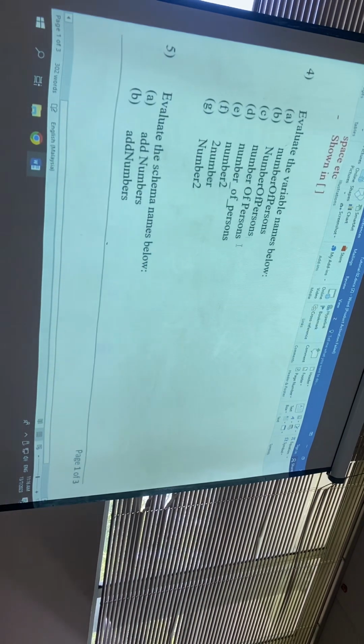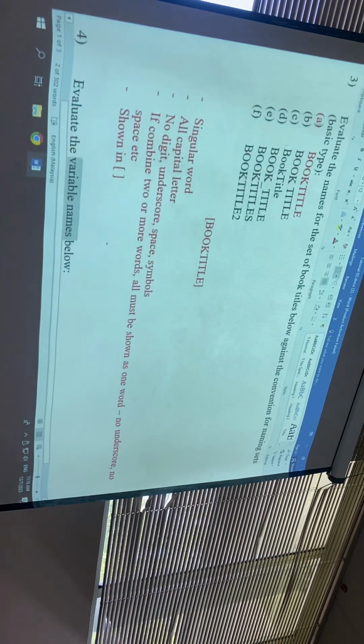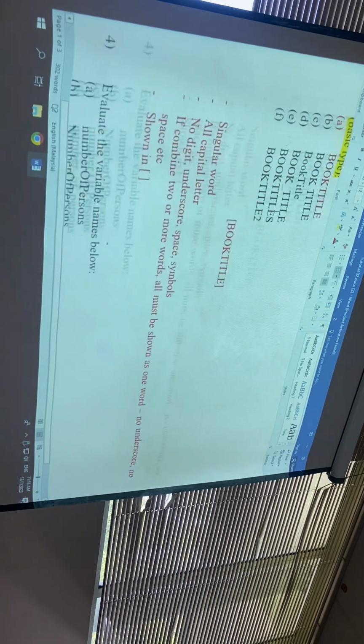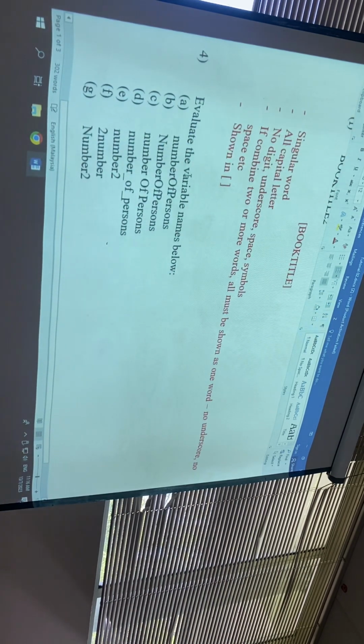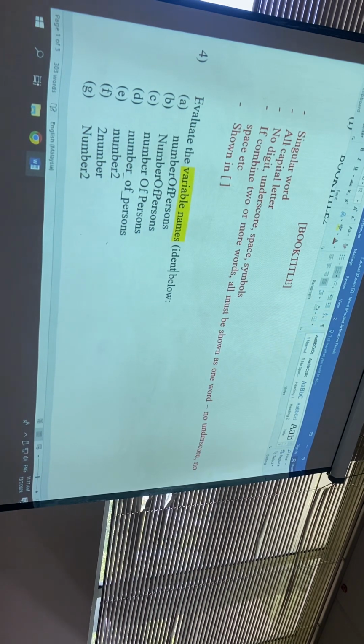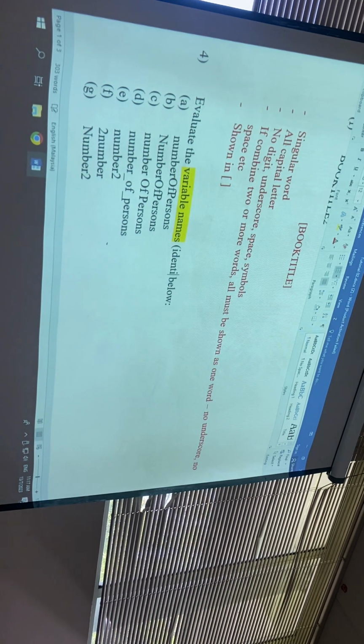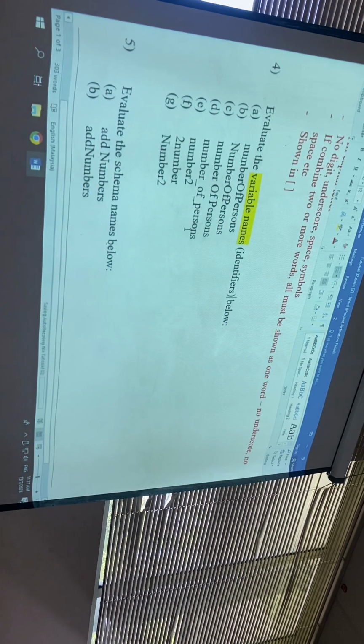So the next one, variable names, or identifier names. This one is basic type. This one is variable name or identifiers. So what will be the rules for identifiers?